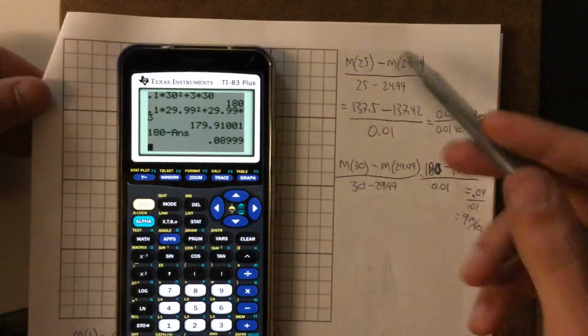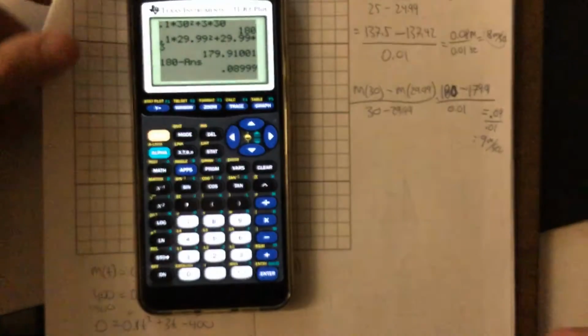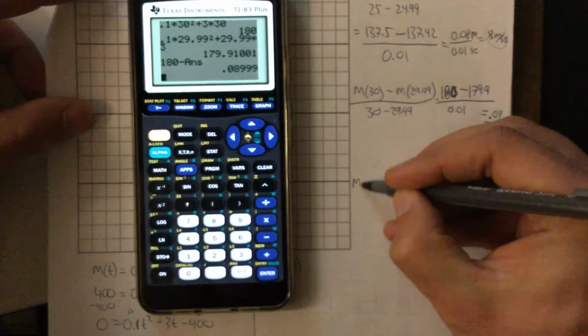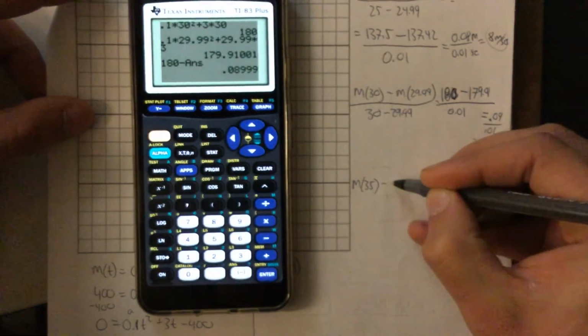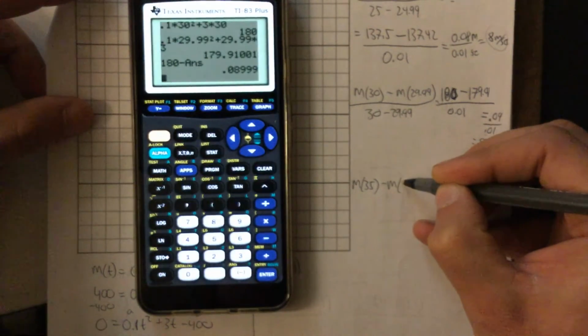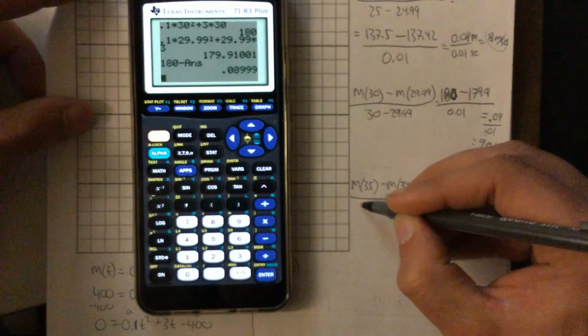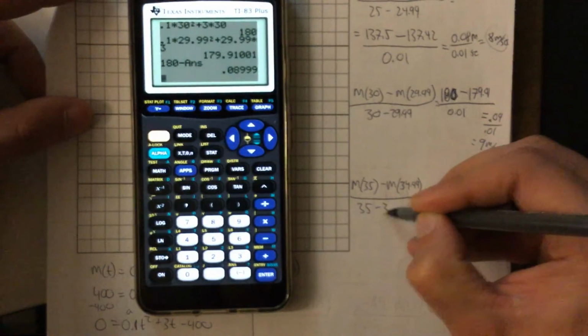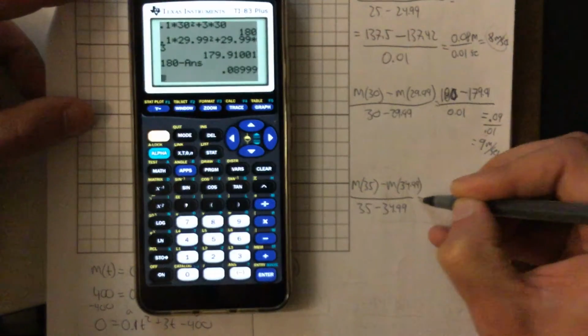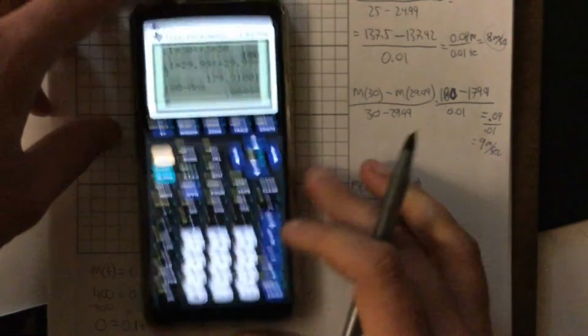Should we just go up another 5 and see what happens? So let's try 35 minus 34.99 divided by 35 minus 34.99. And let's see what that's equal to.